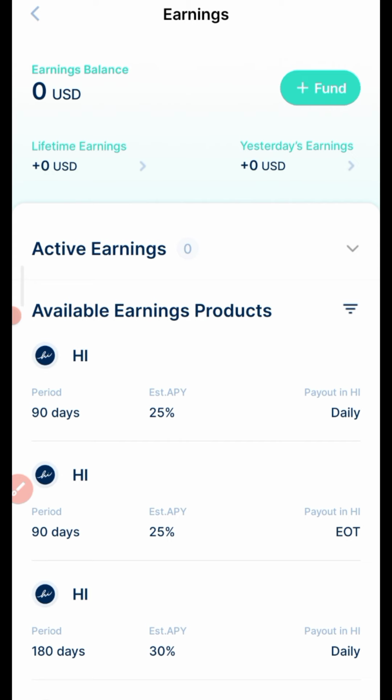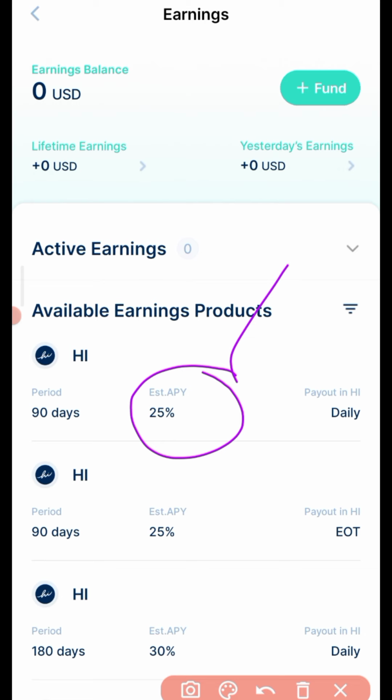Here you have an estimated annual potential yield of 25%, which is payable daily, an annual percentage yield of 25% for a 90-day tenure.